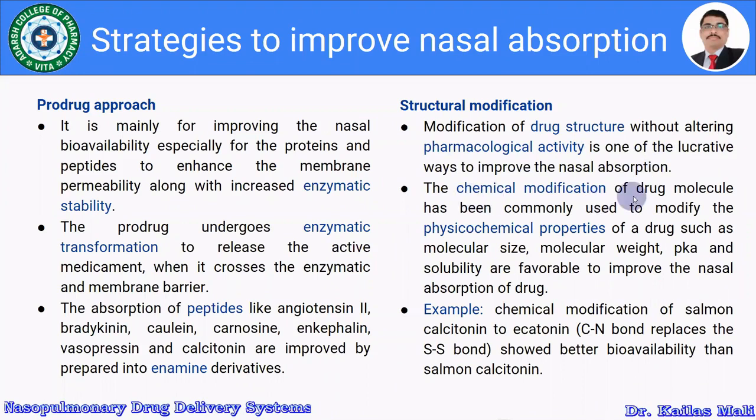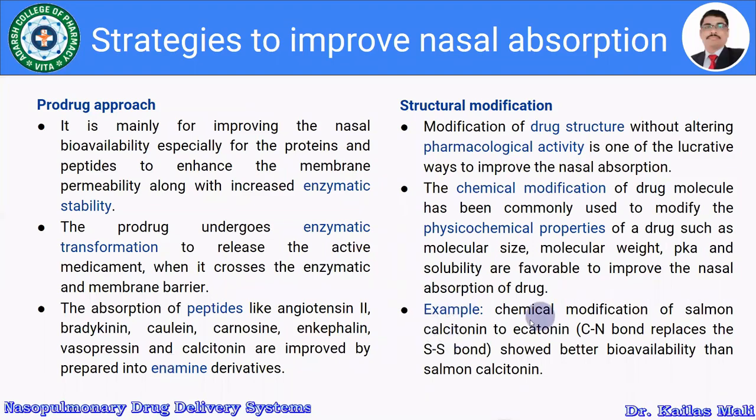The chemical modification of the drug molecule is commonly used to modify the physicochemical properties of a drug, such as molecular size, molecular weight, pKa, and solubility, in order to improve the nasal absorption of the drug.